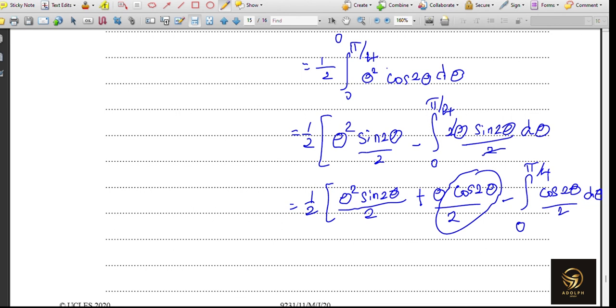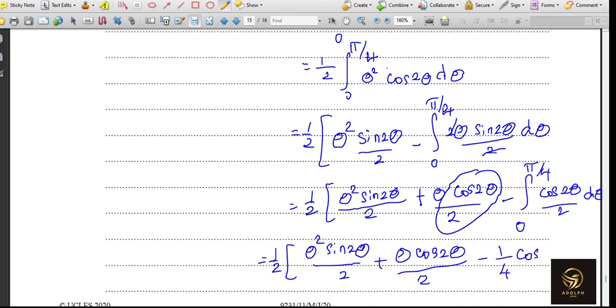After that, I can write this as 1 by 2 into theta squared sin 2 theta by 2 plus theta cos 2 theta by 2, and here this 1 by 2 and one more integration is going to give 1 by 2, so it's going to be 1 by 4. When I'm integrating cos 2 theta, I will be getting sin 2 theta, and that doesn't make any changes. 1 by 4 sin 2 theta will be there, and everything will be having the limit 0 to pi by 4.